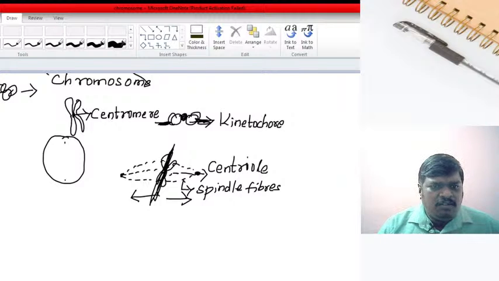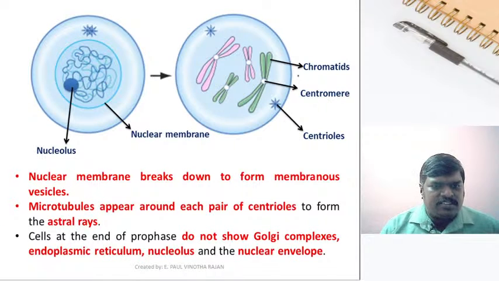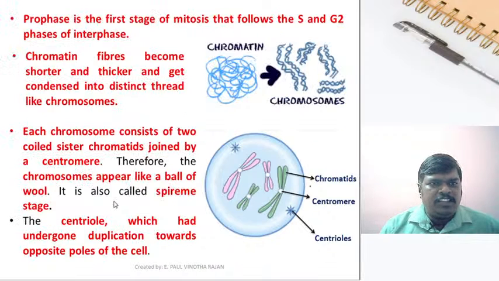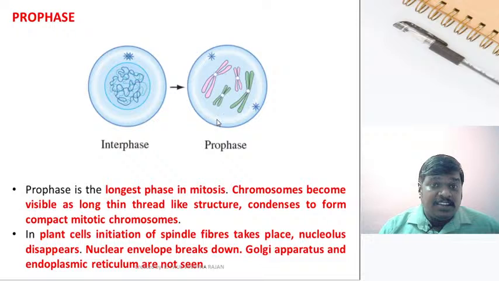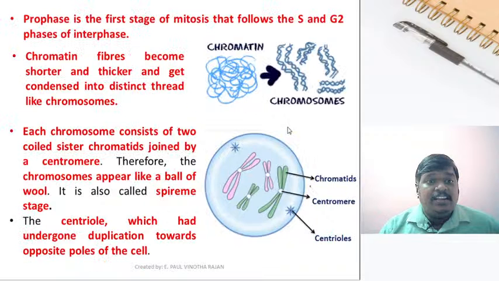Okay, children, now I'm going to summarize the prophase phase. I want you to understand that properly. At the end of prophase, the cell that is like this in interphase will become like this. The chromatin threads condense and become the chromosomes. The chromosomes attach at a particular point, and the centromere is formed.